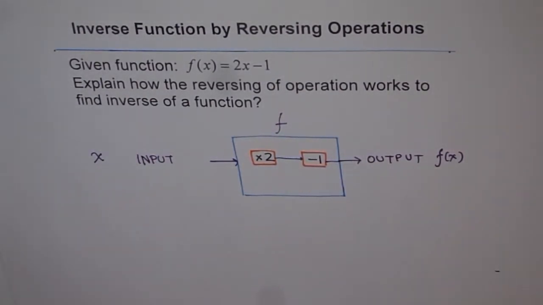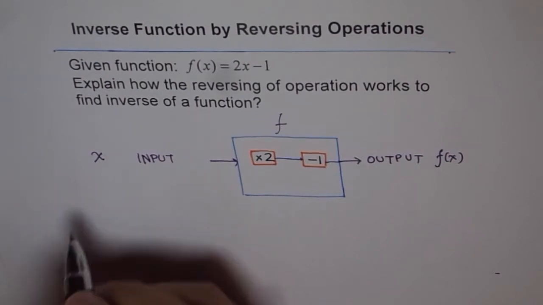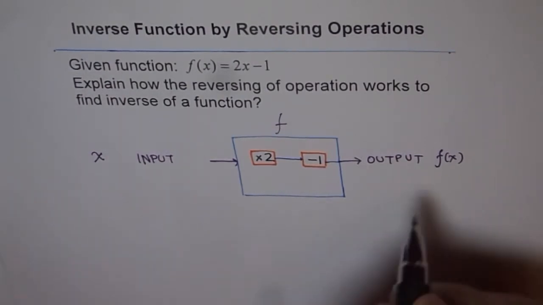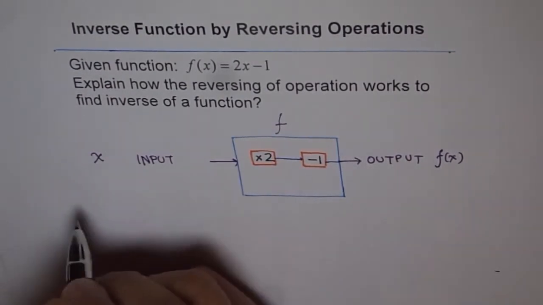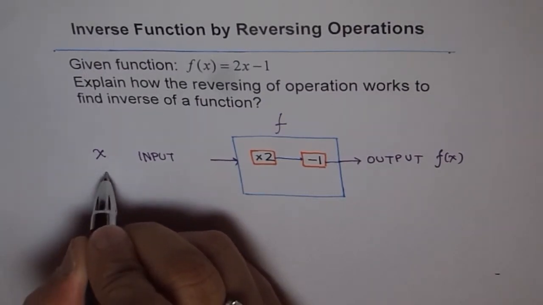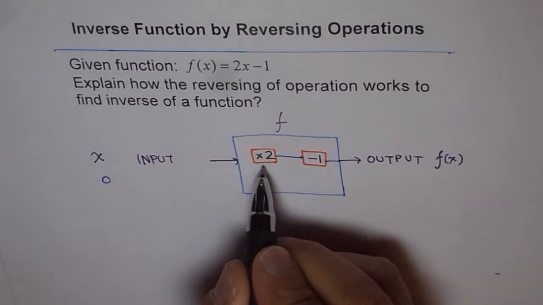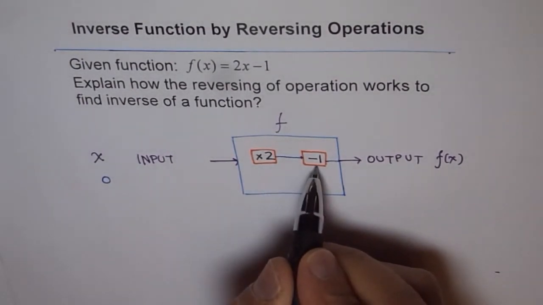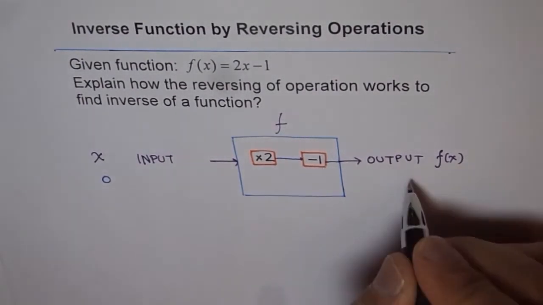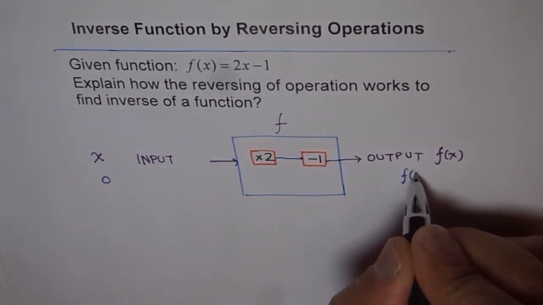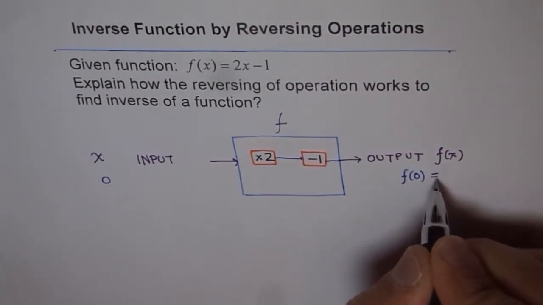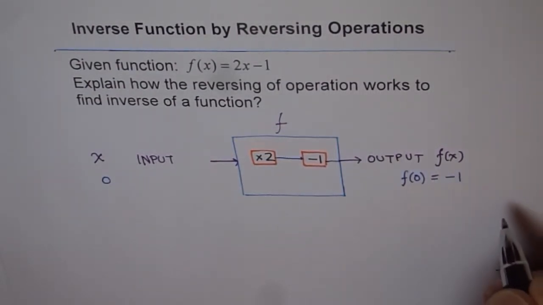Now what I will do is I'll show you how it really works, so that you get a feel of it. Now I'll put set of inputs here and set of outputs on this side. Let us say my input x is 0. Now if my input is 0, 0 times 2 is 0, 0 minus 1 is minus 1, so I get an output which I'm writing as f of 0 is equal to minus 1, correct?